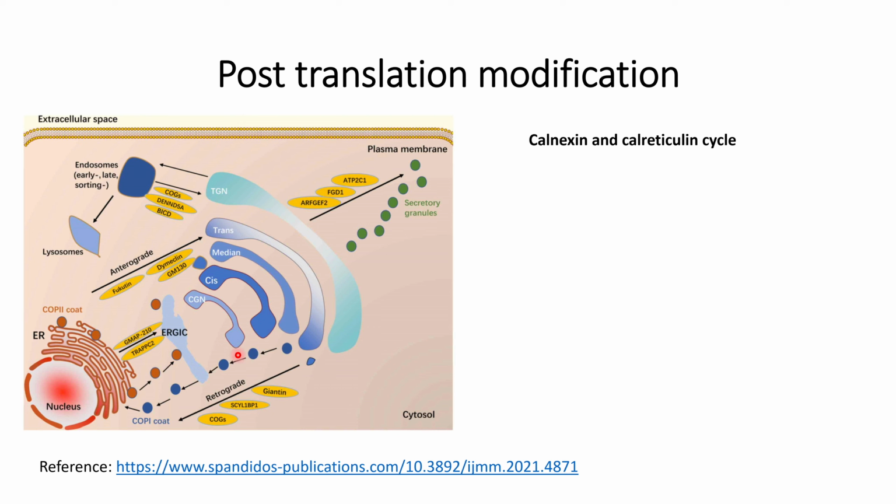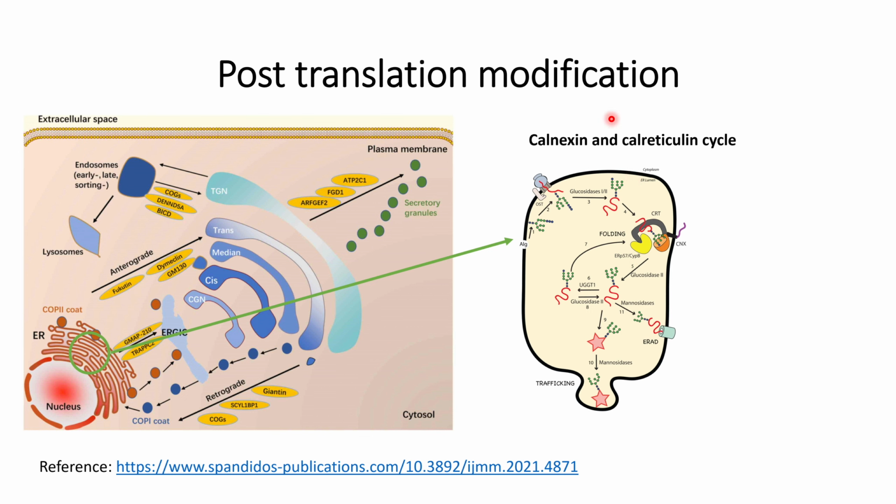Within this post-translation modification, this video focuses on this part of the endoplasmic reticulum, that is the Calnexin and Calreticulum cycles. So this is the Calnexin and Calreticulum cycle. In this, the glycan structure that is produced is already available in the ER lumen, part of which is formed outside the ER lumen and the other part of it is formed within the ER lumen.